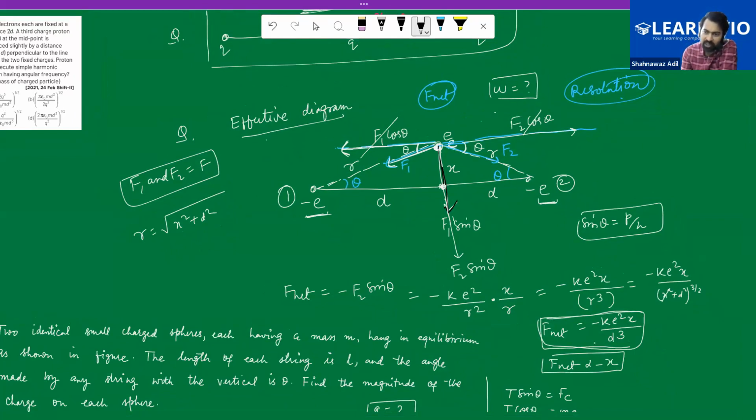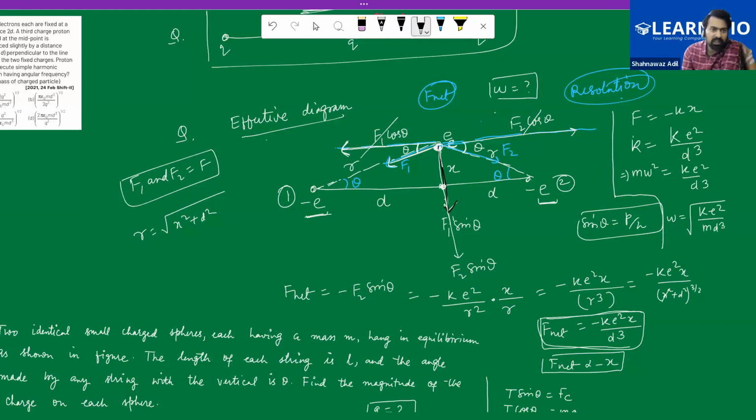If we compare it with F equals minus kx, this small k is capital K e square by d cube, and this is m omega square. So omega is root of K e square divided by m d cube.